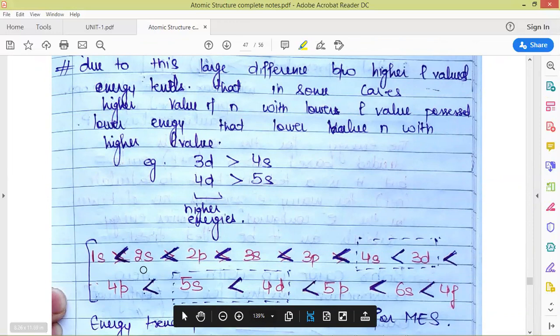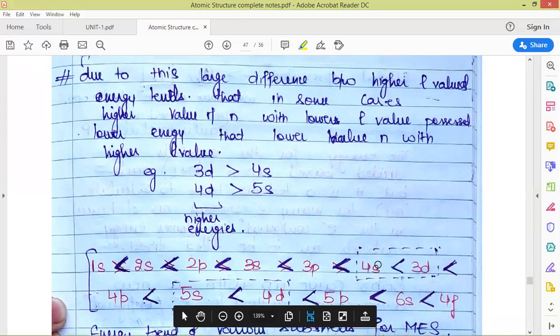That is 1s, then the 2s orbital has higher energy, then 2p has higher energy than 2s, further 3s, 3p. Here we can see that 3d has higher energy in comparison to 4s. So why does this happen?